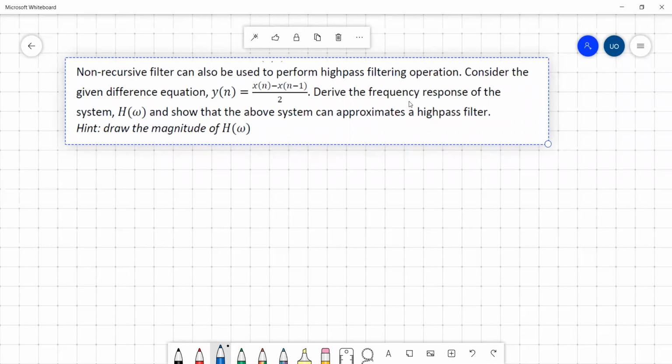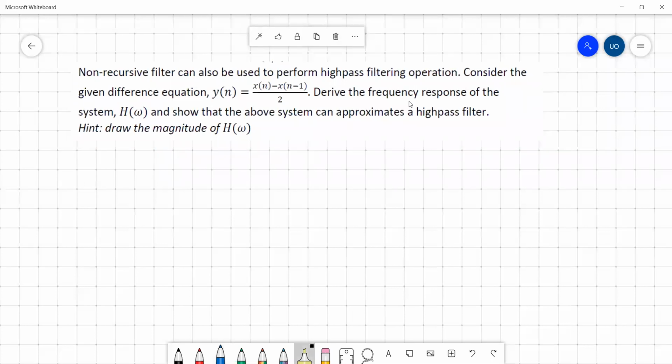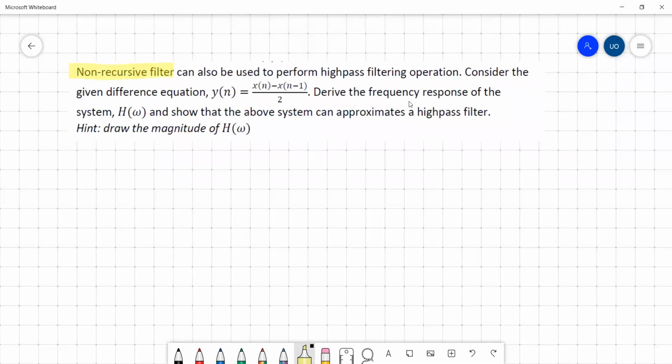So it's a non-recursive filter. We know what a non-recursive filter is. By looking at the response, we can see that your y[n] depends on x[n]. So this is non-recursive, done. It's also to be used to perform a high pass filtering operation.